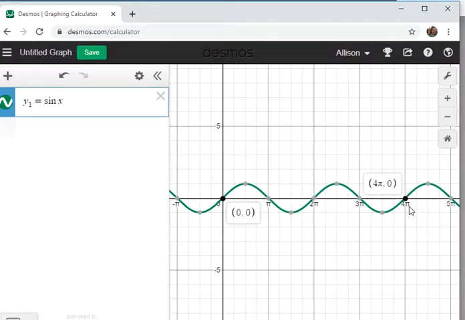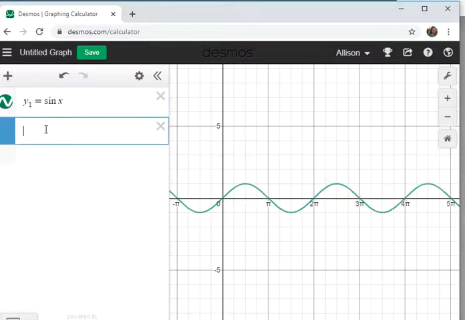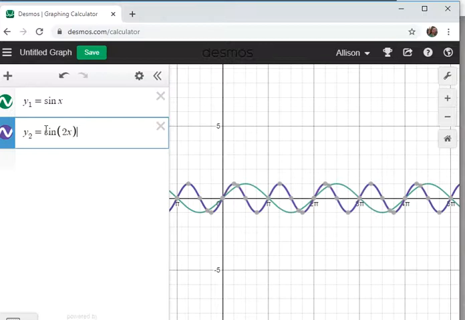Okay, and then next, graph another function, y2, and we'll call this one sine of 2x. Before we graph, sine of 2x has a horizontal shrink factor of 2, so we should be noticing this graph happening twice as often because it's shrunk across the x-axis by a factor of 2.